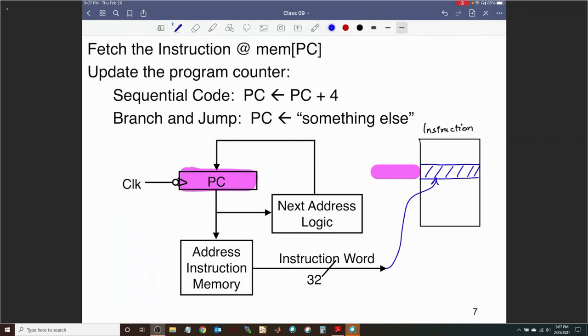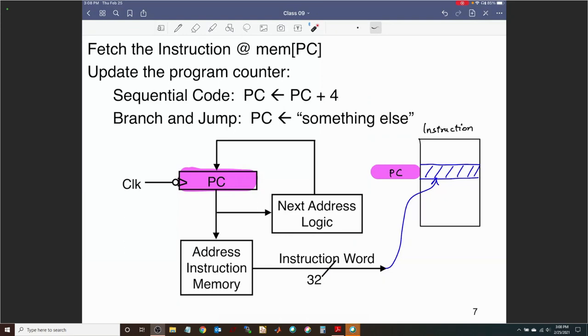So I will give you an address in the program counter, try to access the instruction memory, and when you read that particular address, you will get the 32-bit instruction at that address. So that's your PC right there. PC is pointing to the address of the next instruction that you want to execute.